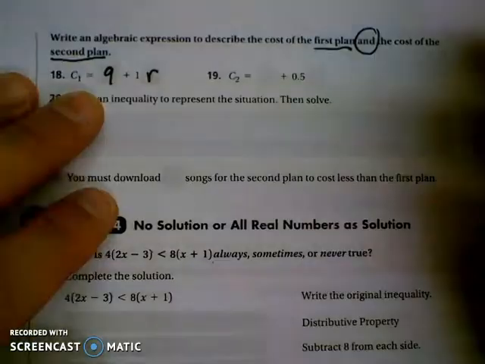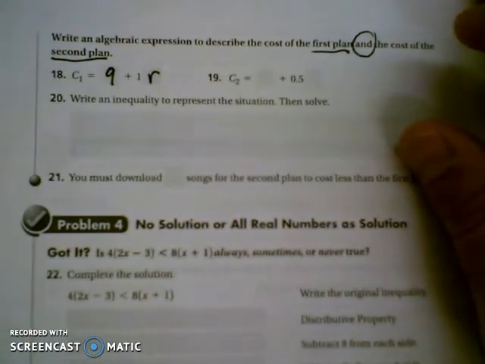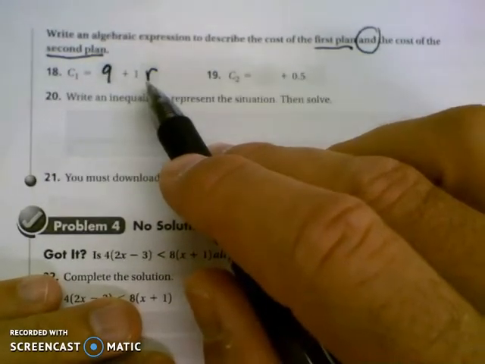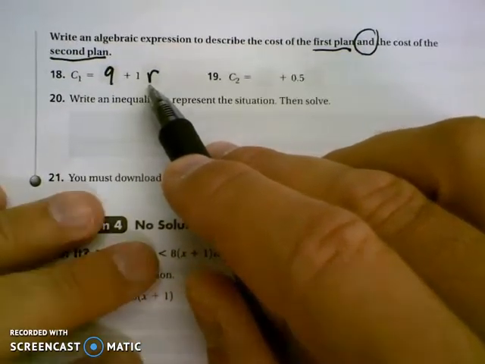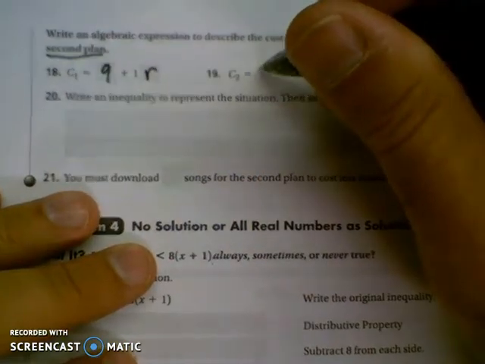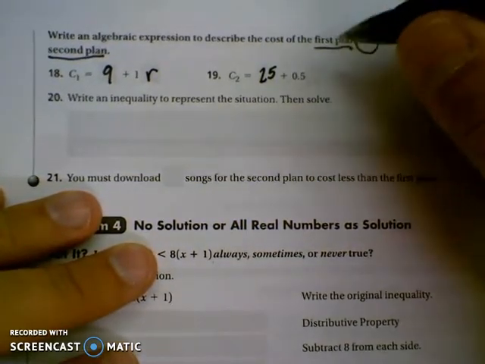And why do we use the number 9? And it's because of $9, right, and it's $1 per download. The second one is, what do you think? What's $25 per month plus 50 cents per download?